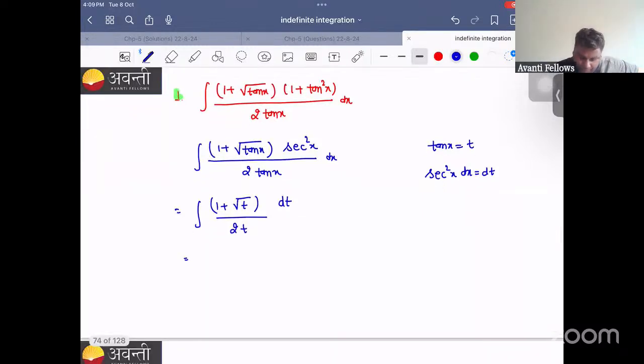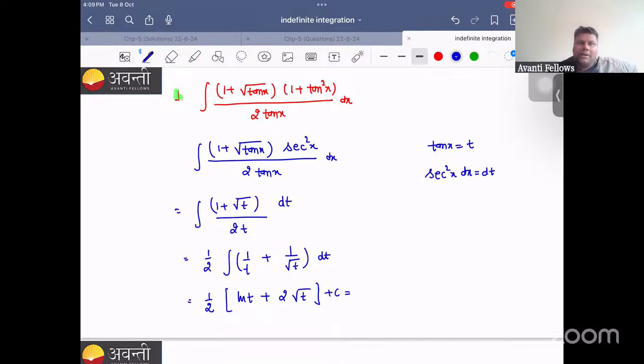Now, half came outside. It will be 1 by t plus 1 upon under root t, dt. Am I correct? This 1 by t integration will be ln t, and this is t to the power minus half, so its integration will be 2 under root t plus constant.